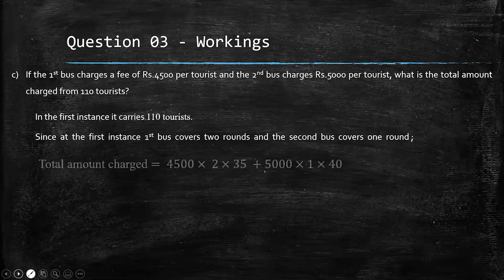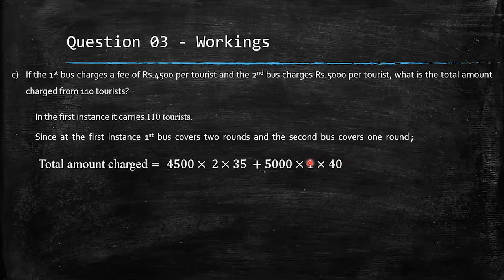the total amount charged will be 4,500 per tourist, and the number of tourists that can be carried in the first bus if it travels 2 rounds is 2 times 35. 35 will be the number of seats in the first bus, and 5,000 is the charge per tourist in the second bus, and it covers only 1 round and has 40 seats.